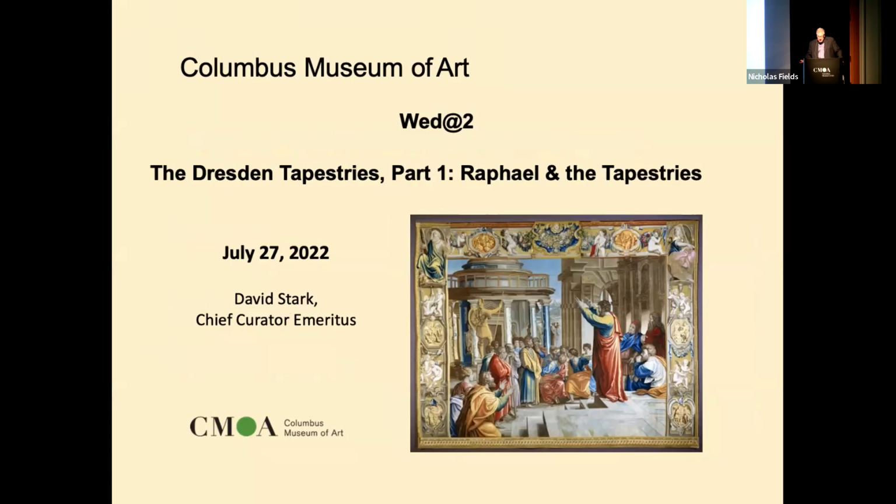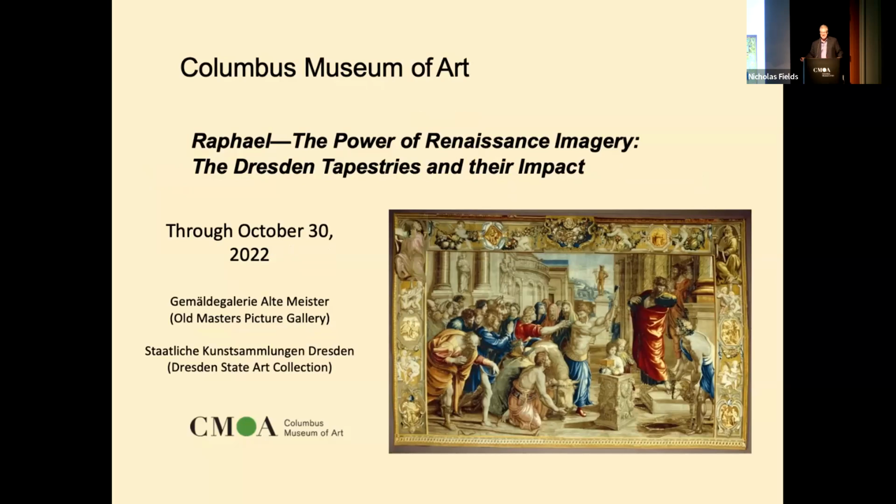The second part will be given a week from today on August 3rd by Carol Genschap, the curator at large. I will be talking about the actual tapestries that are the focal point of the exhibition, but the theme of the exhibition is actually the impact of Raphael and Renaissance imagery, the impact of the tapestries.